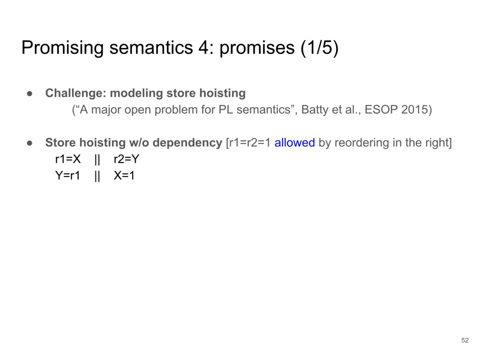This example is, as we discussed in the previous videos, the store hoisting. The left thread is reading from X and then writing the read value to Y. And in the second thread, Y is read and then X is written 1. The question is: is it possible to observe R1 equals R2 equals 1 at the same time?